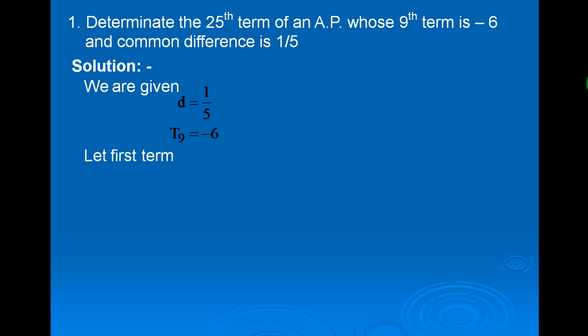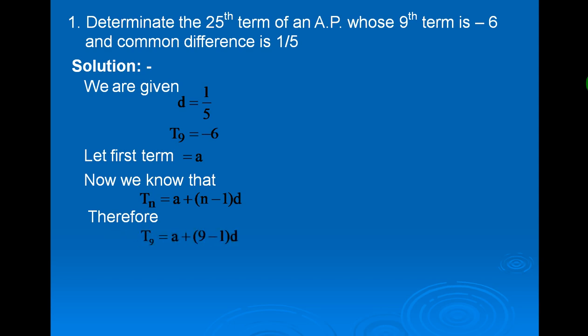Let the first term be A. Now we know that Tn is equal to A plus (n minus 1) into D, that is, nth term is equal to A plus (n minus 1) within bracket into D.